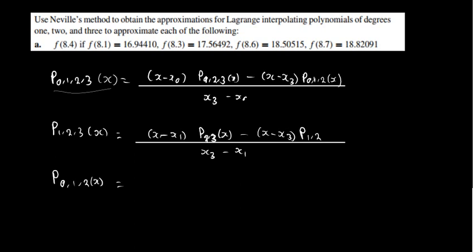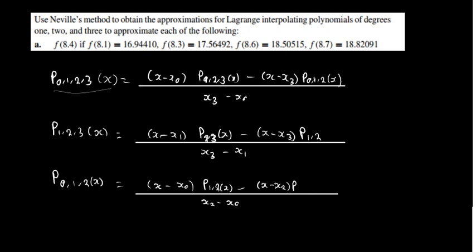That there is going to give us x2 minus x naught over there, and then this is going to be x minus x naught, and then it's going to be p1, 2 of x minus x2, this is going to be p0, 1.